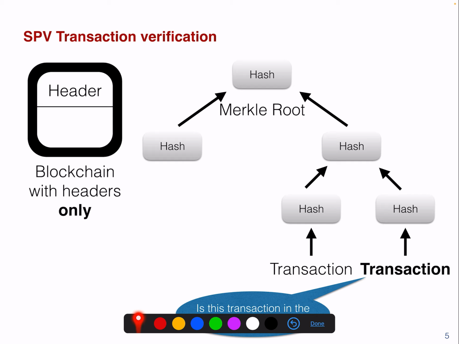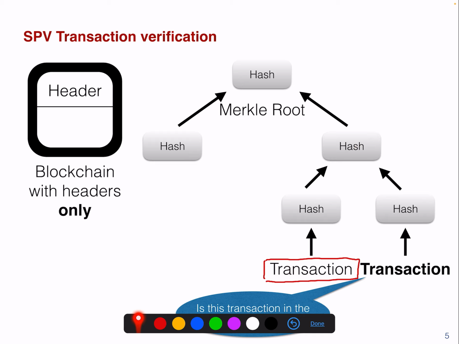Okay, so I repeat. We have this particular transaction that we want to verify exists in this particular block. We don't have the full block, we only have the header. So we're going to hash this transaction, and given its hash, we go up here.